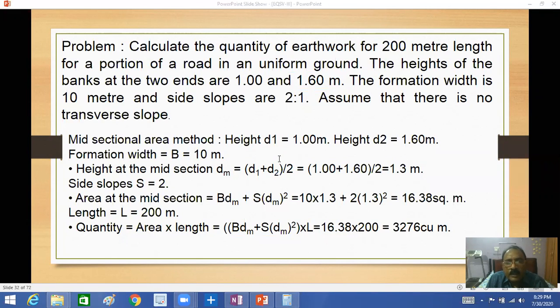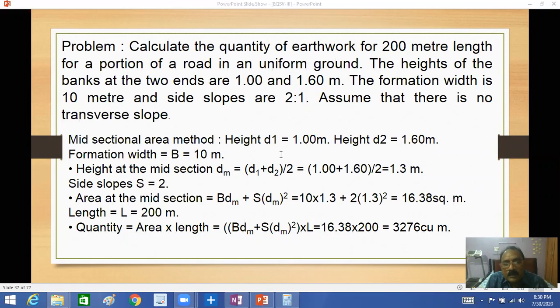The prismoidal formula is A1 plus A2 plus 4 AM, into L by 6.